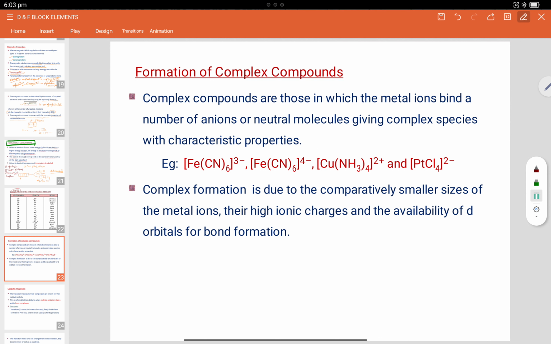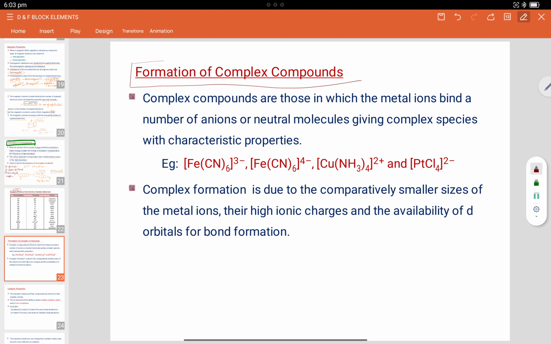Formation of complex compound, that we are going to discuss. What is written in the screen, you can go through it.